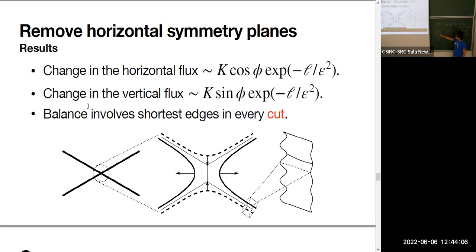And for each cut, I take the shortest edges in the cut. And the fluxes should sum up to 0 on the shortest edges. And in this example, the flux should sum up to 0 also on these edges. Not only around the vertex, but around any cut.